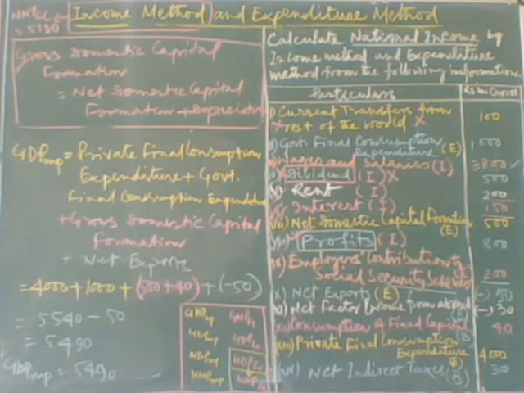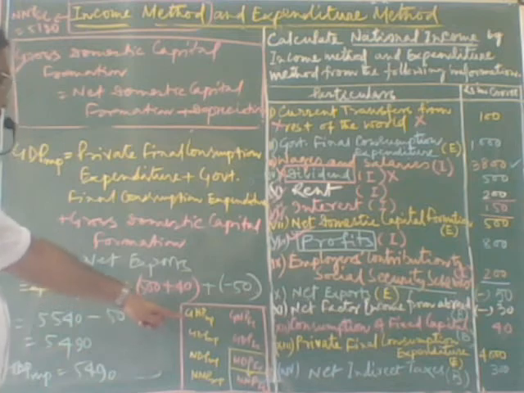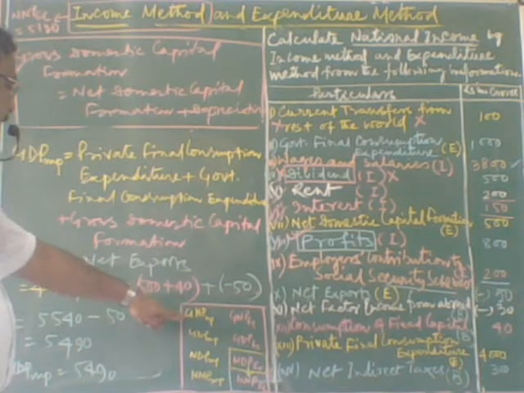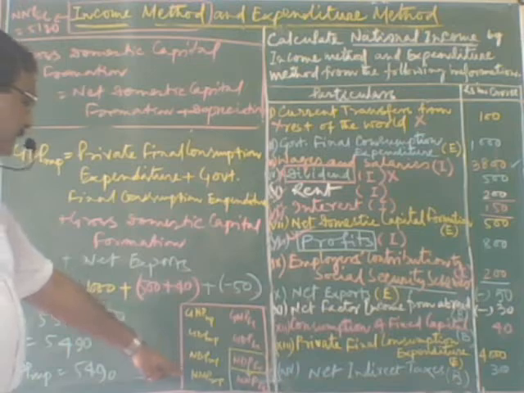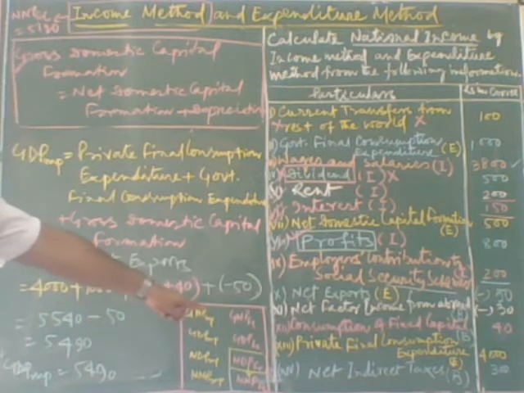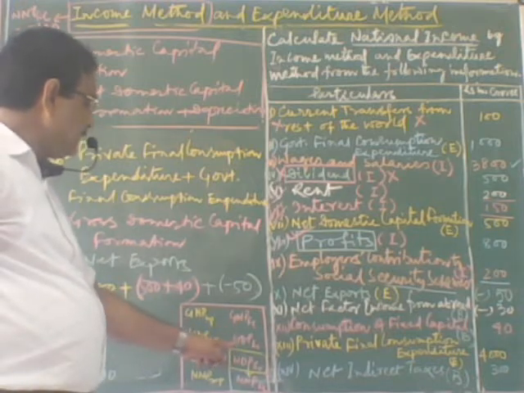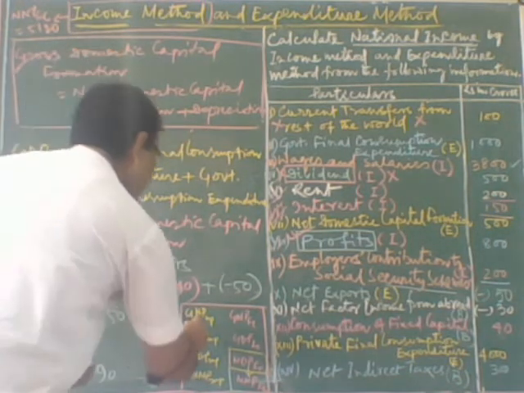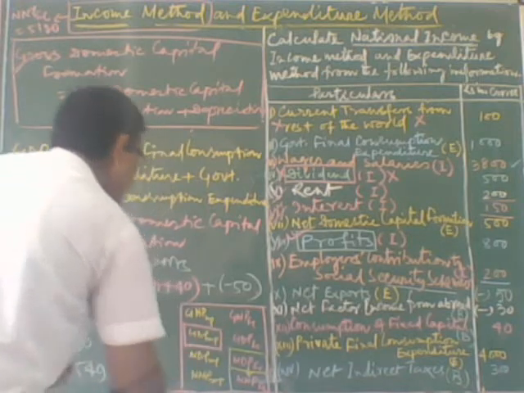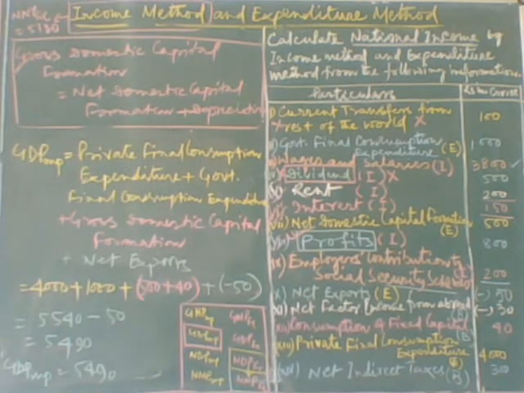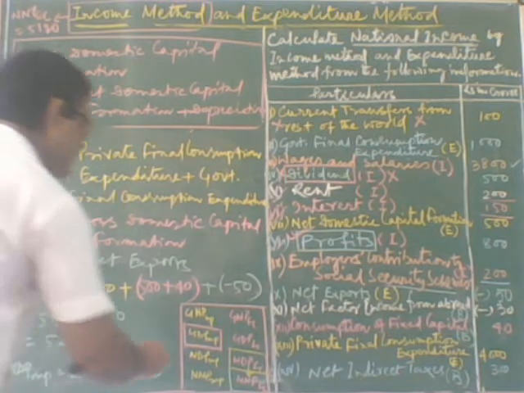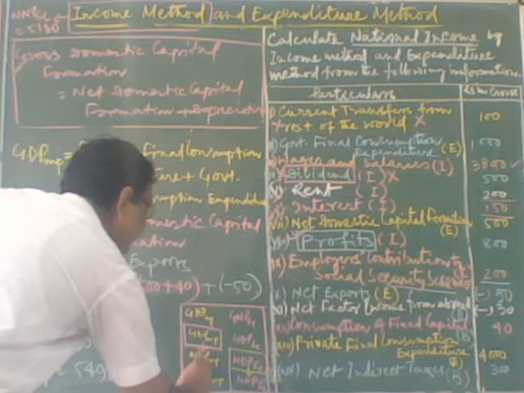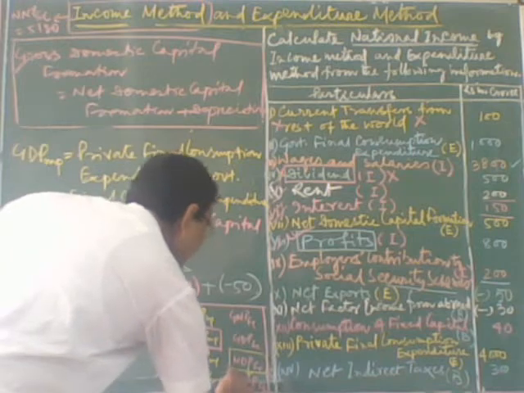Again, you have to follow this chart. Aggregates of national income: GNP market price, GDP market price, NDP market price, NNP market price. On the right side: GNP factor cost, GDP factor cost, NDP factor cost, NNP factor cost. Already you have calculated the GDP market price. From it you will go first to NDP market price, next to NNP market price, and next to NNP factor cost.